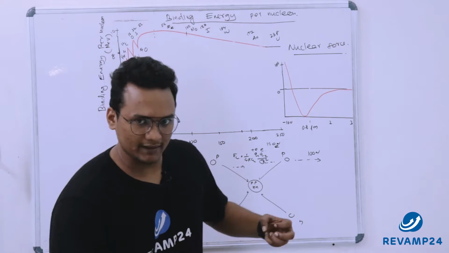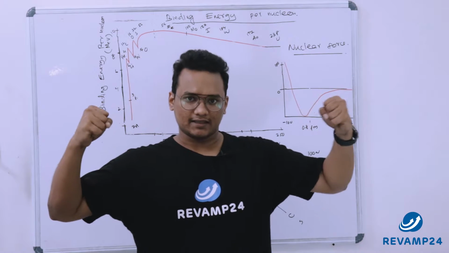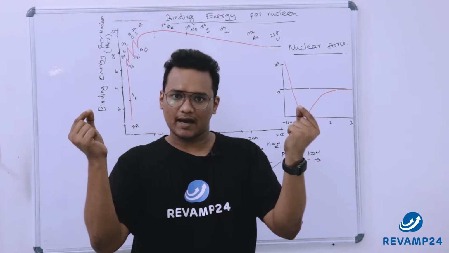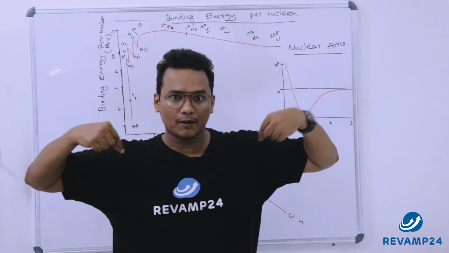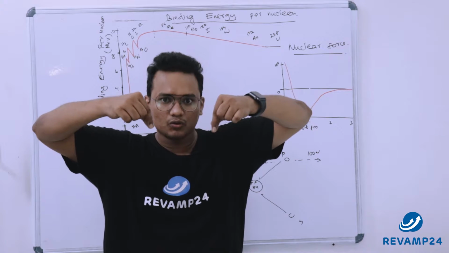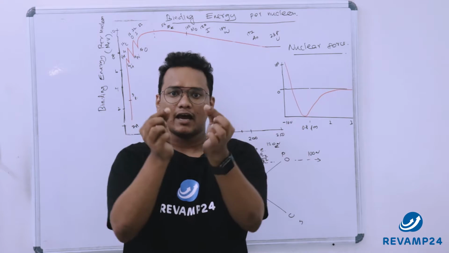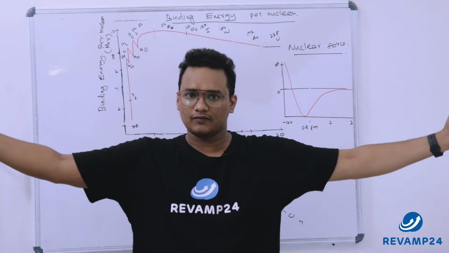Only then can we bind 2 protons together. Just take the example of a magnet, north side and north side. We have a repulsive force, but I apply a force larger than the repulsive force, so I can bring 2 north poles close together. The moment I withdraw my force, they will go apart.